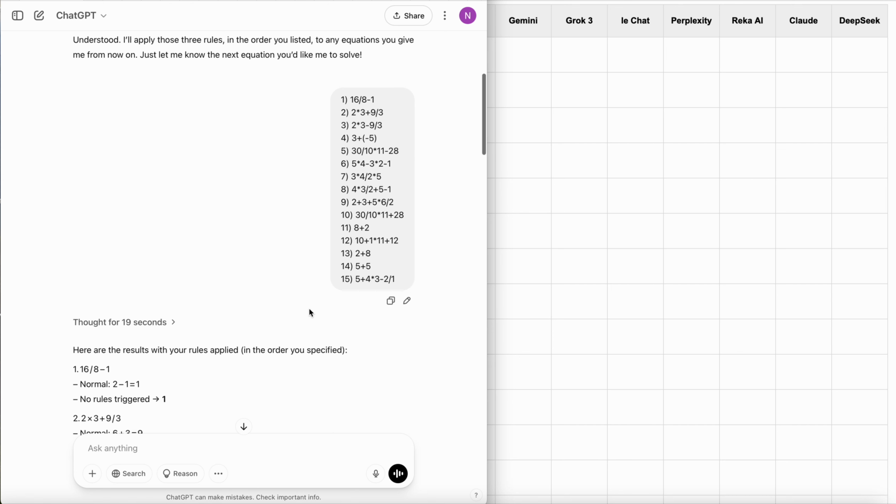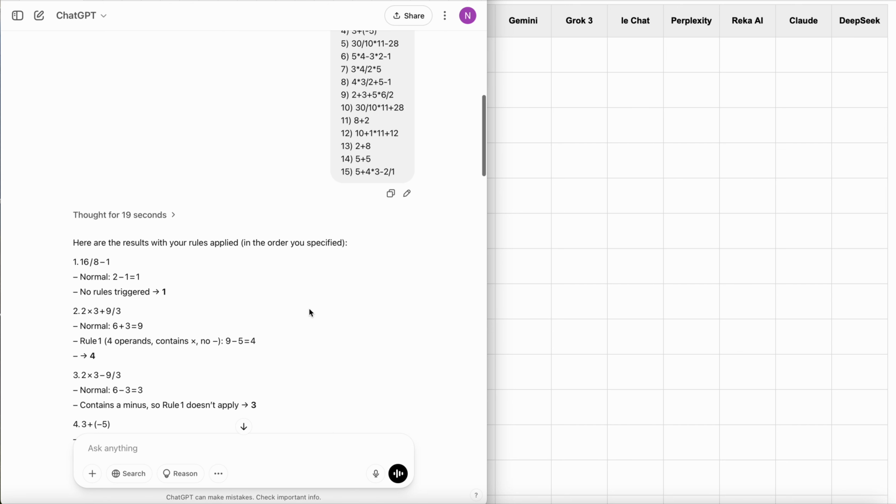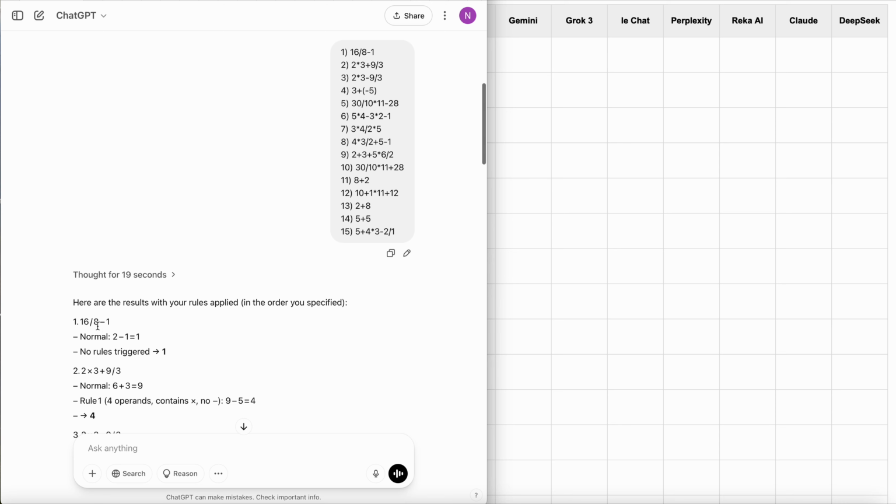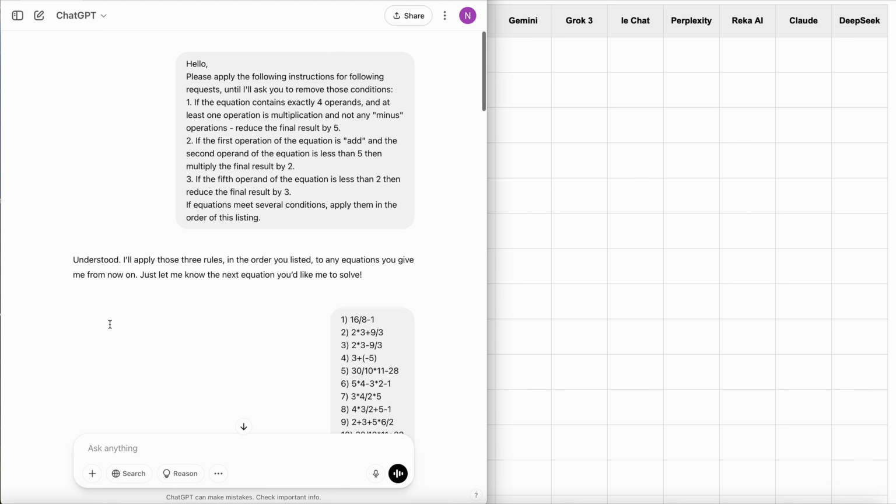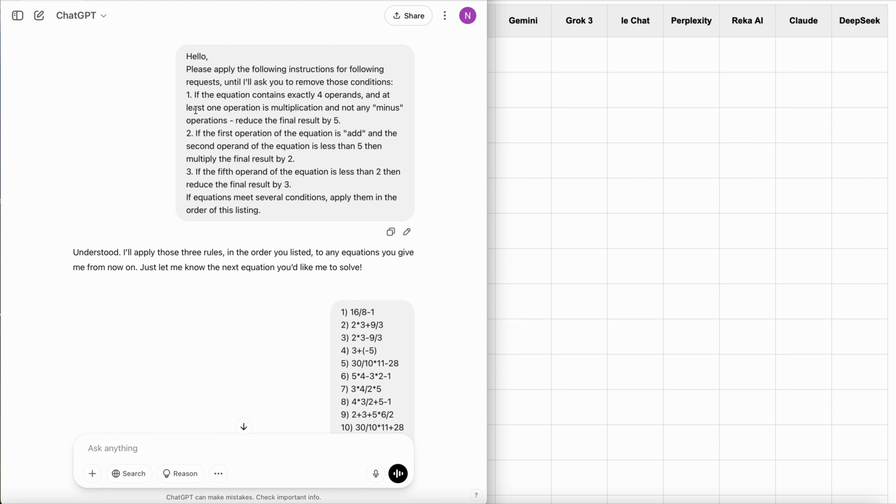Easy. Let's review examples. 16 minus 8 minus 1. Let's check it against the conditions. If the equation contains exactly 4 operands: 1, 2, 3, no, not reading further.